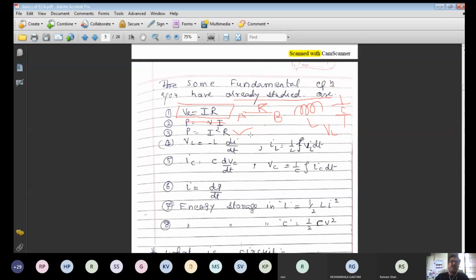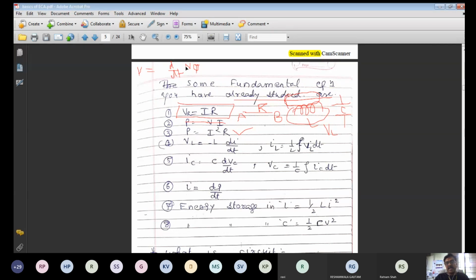This equation comes from one basic equation that I am showing here. Suppose V is equal to the rate of change of flux, which means d by dt of N phi. N is the number of turns, and the flux passes through the circuit, like this is the flux passing through this inductor.